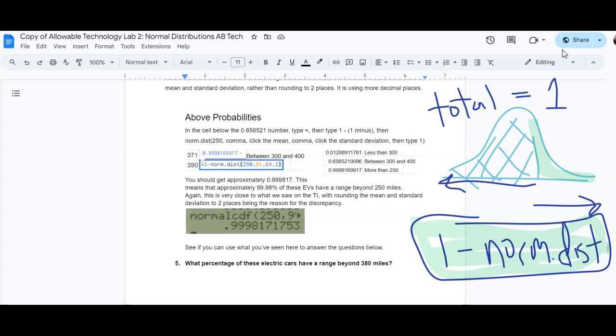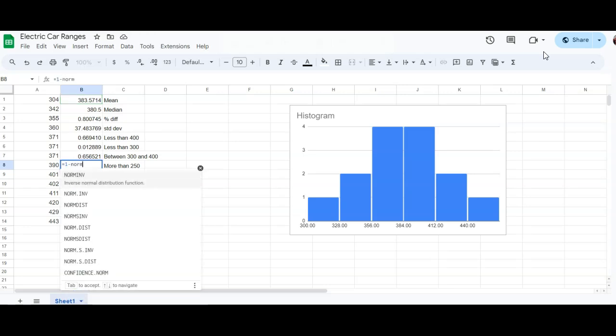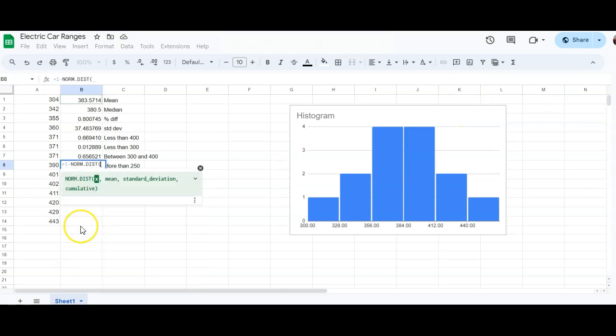For above probabilities, what's the probability a car lasts more than so many miles? I'll have to do 1 minus. In this case, this is above, or I think I wrote more than 250. So what's the probability a car lasts more than 250 miles? I'd start off with equals 1 minus, and then type norm.dist. All right, 250 is my number, my cutoff.